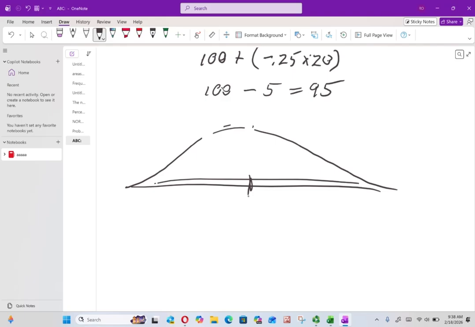At some point you say, this is unlikely. In this stuff, unlikely usually means in the tails at 2.5%.